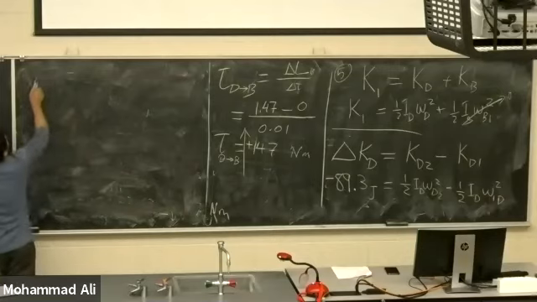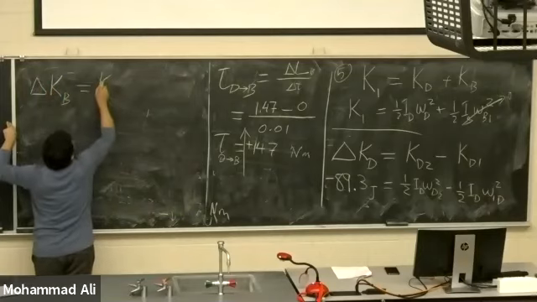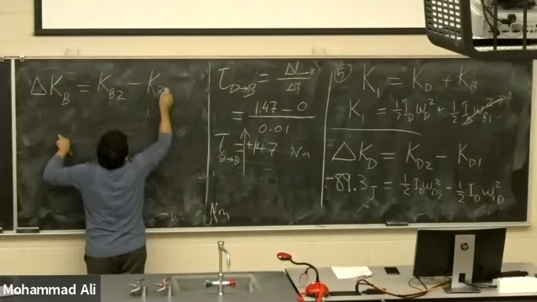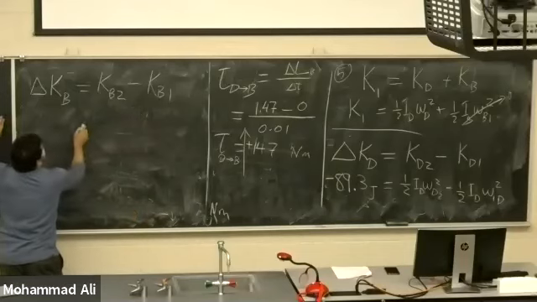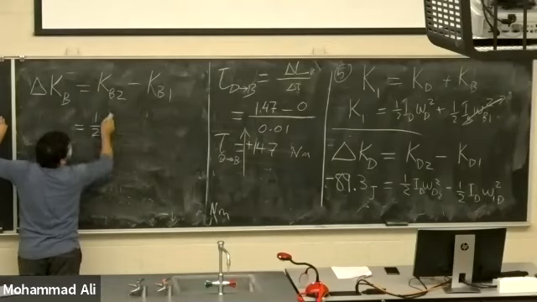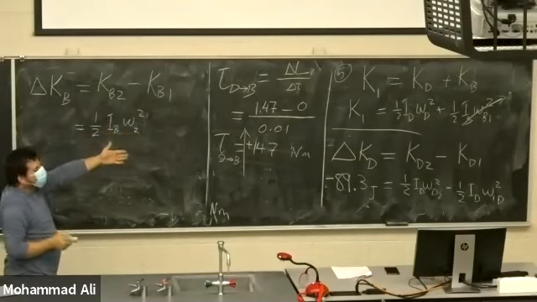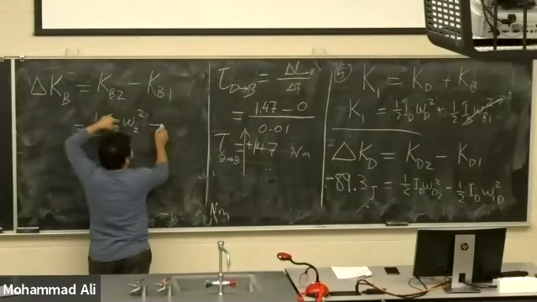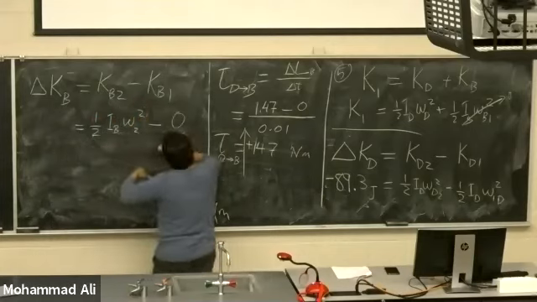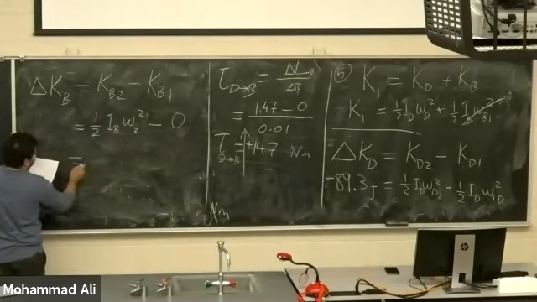Okay, the change in kinetic energy for the ball is equal to the kinetic energy for the ball later minus the kinetic energy for the ball initial. The kinetic energy for the ball later is half I for the ball, omega 2 squared, which is the same as for the disk, minus the rotational kinetic energy for the ball initially. It was 0. Remember that? When we compute this, it will be positive.